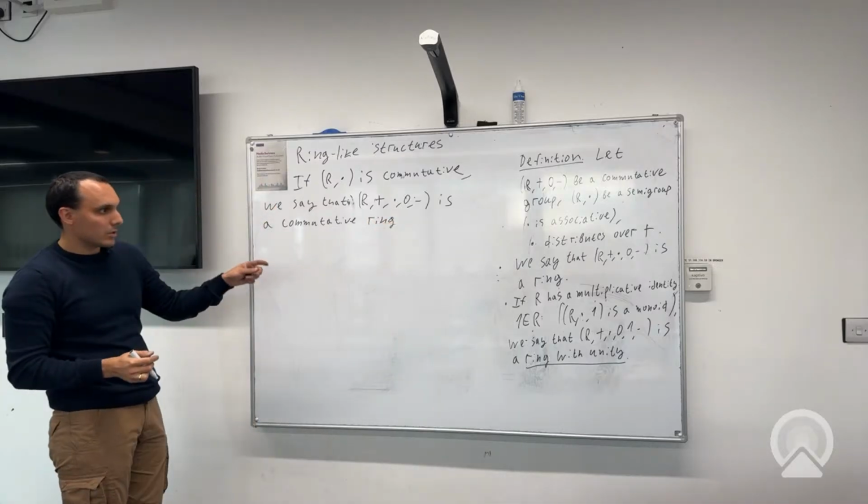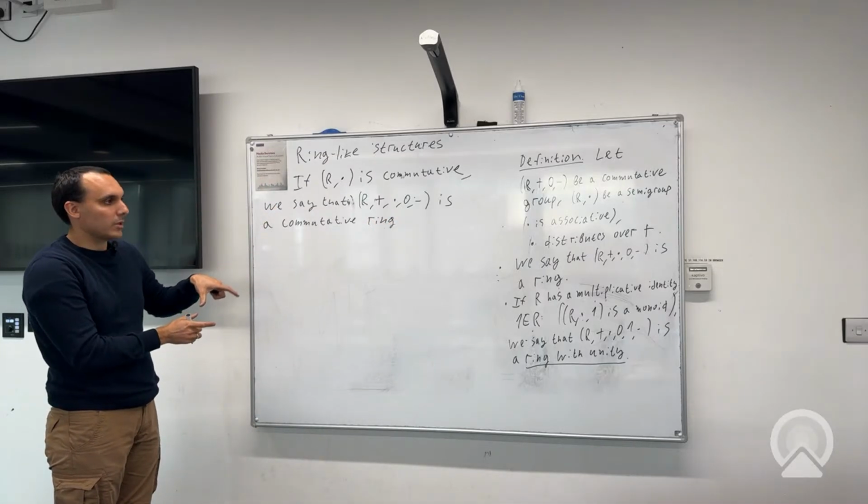And a commutative ring with unity is where we combine both properties.